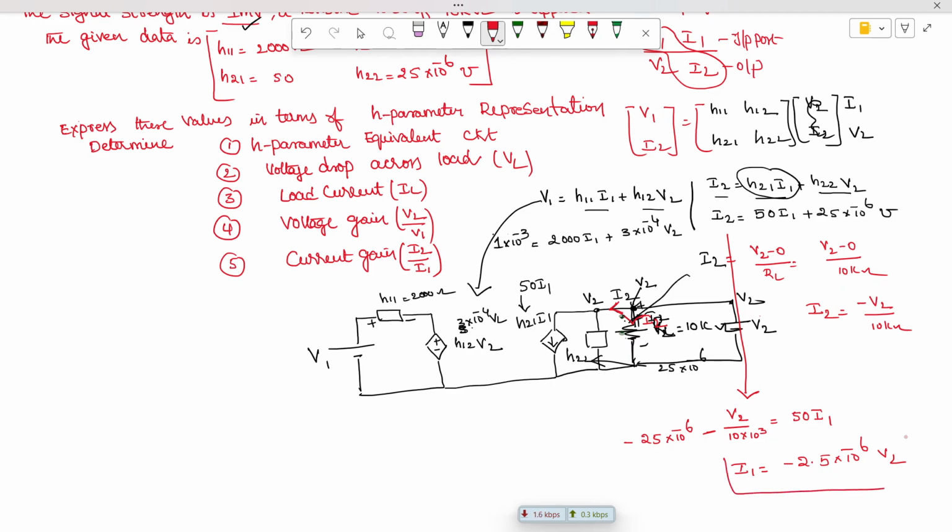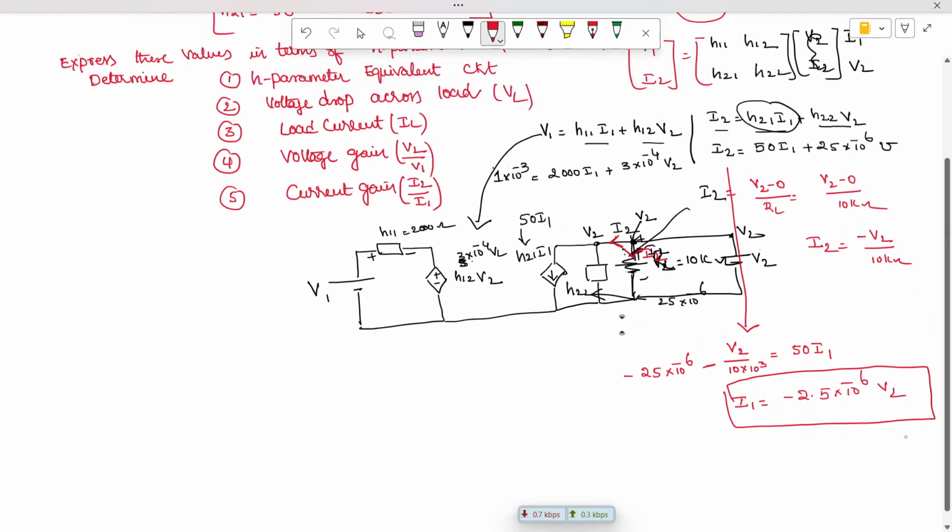So this is the value of V2, and now use this value of I1 in this expression. When you substitute, this is 1 into 10 to the power minus 3 is equal to 2000 into I1.